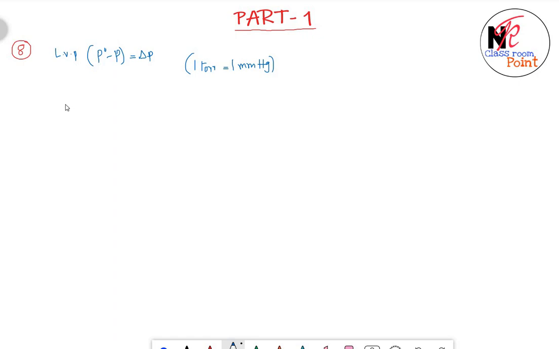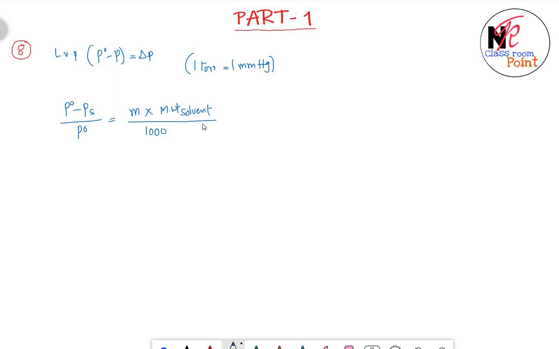According to Raoult's law, P naught minus Ps divided by P naught equals the mole fraction of the solute. That means I am taking the relation between the molality and Raoult's law directly. That is molality into molecular weight of solvent divided by 1000.